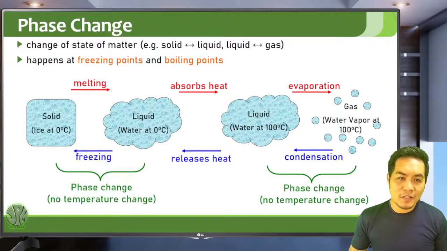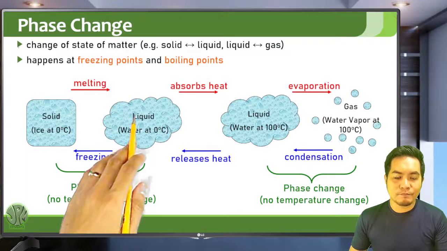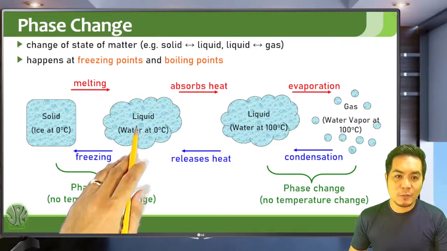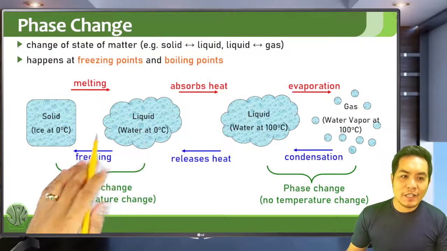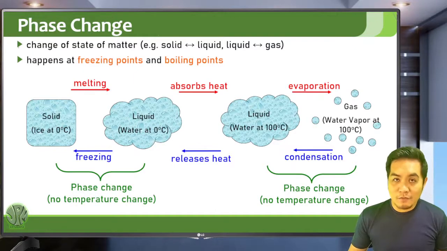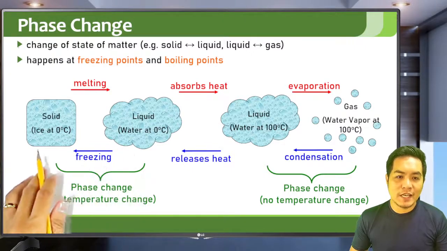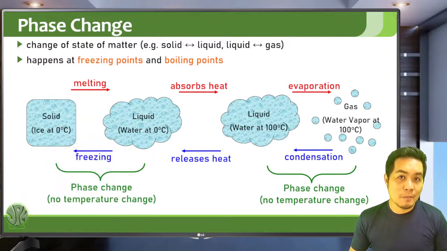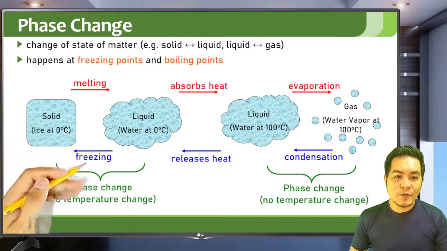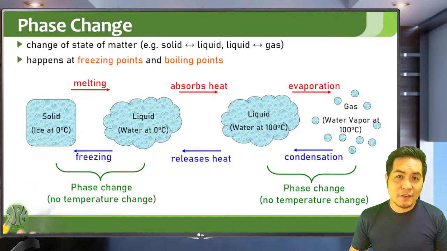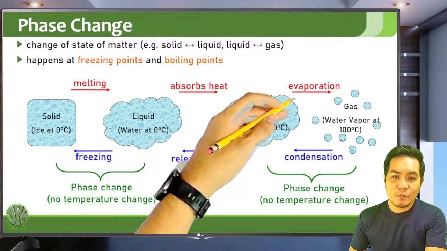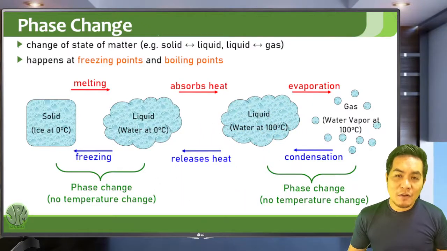And when it further releases heat from its liquid state, liquid water at 0 degrees Celsius, it can become solid ice at 0 degrees Celsius at the freezing point. So we call this transformation freezing, the reverse of melting. But melting and freezing are generally referred to as fusion, and evaporation and condensation are generally referred to as vaporization.